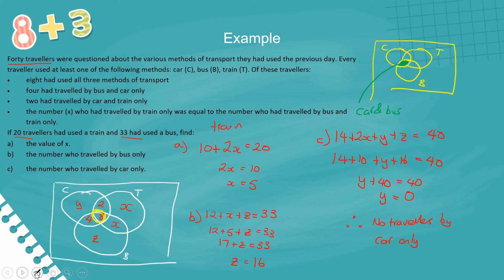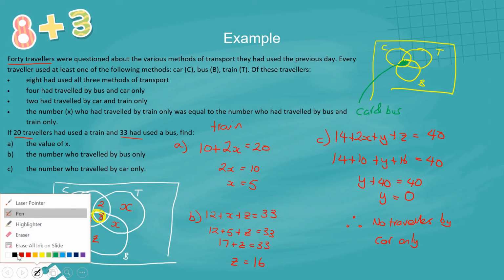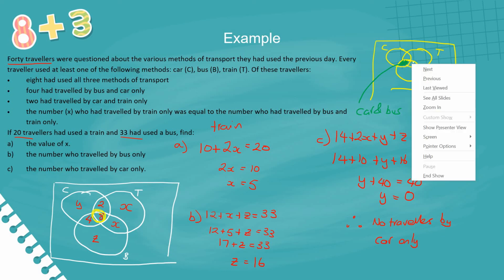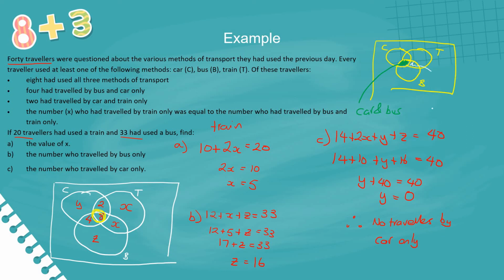If I wanted bus only, I'd be looking at this here. So this in here is what I would get if I was looking at bus and train only. I'd be looking just at this little section here. It wouldn't include the intersection. Car and bus does include the middle intersection. Bus and train only does not.